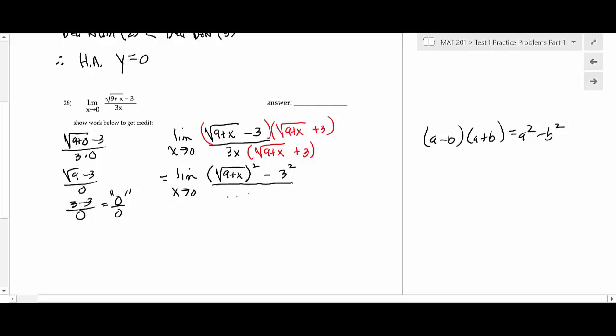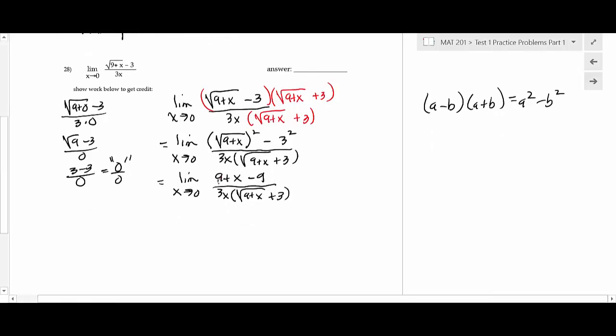The denominator we're going to leave alone. So that leaves us with the limit as x approaches 0 of 9 plus x minus 9, all over 3x times the square root of 9 plus x plus 3, like that.